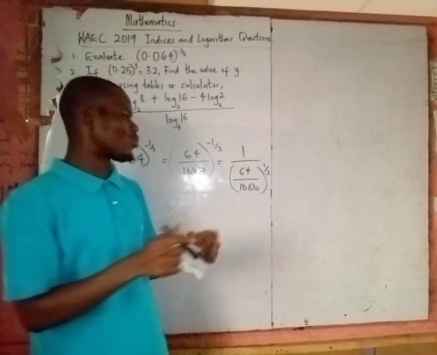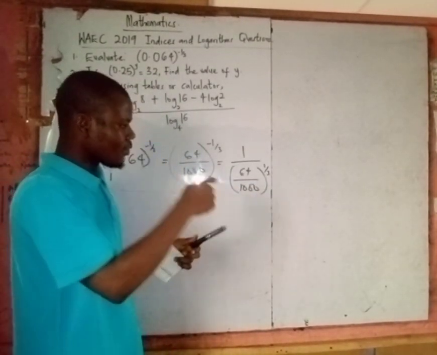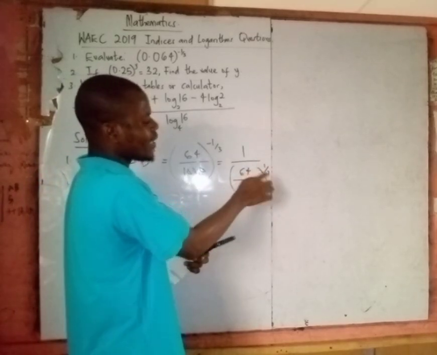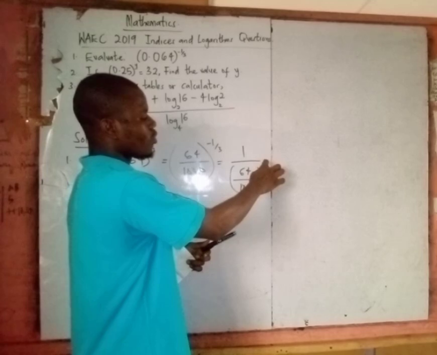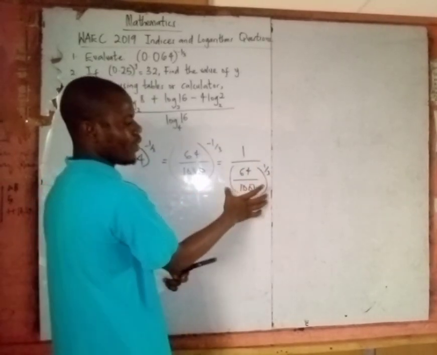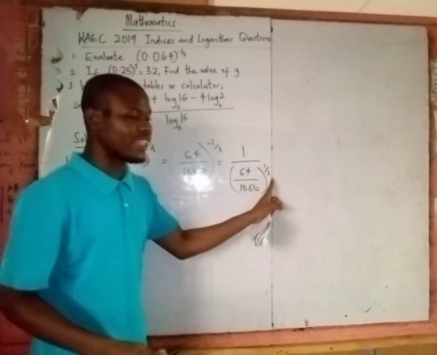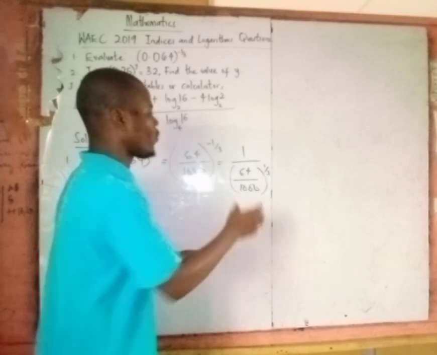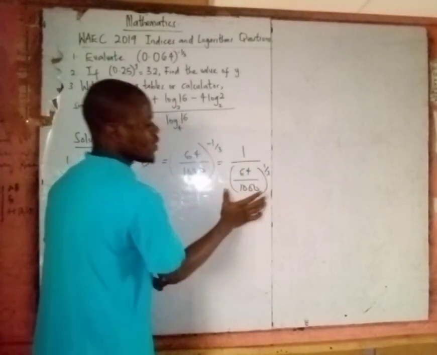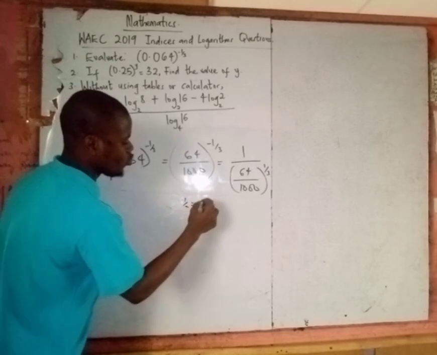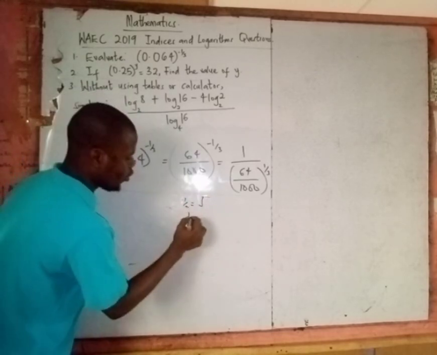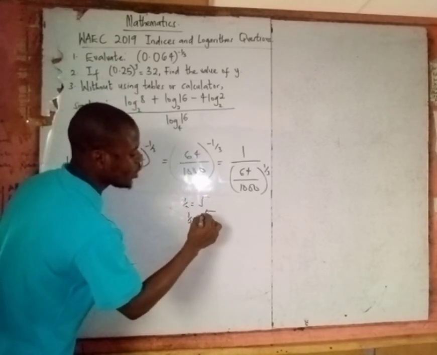The next step is to find the cube root of this fraction, because the power 1/3 means taking the cube root. If you have 1/2, it means find the square root. If you have 1/3, find the cube root.